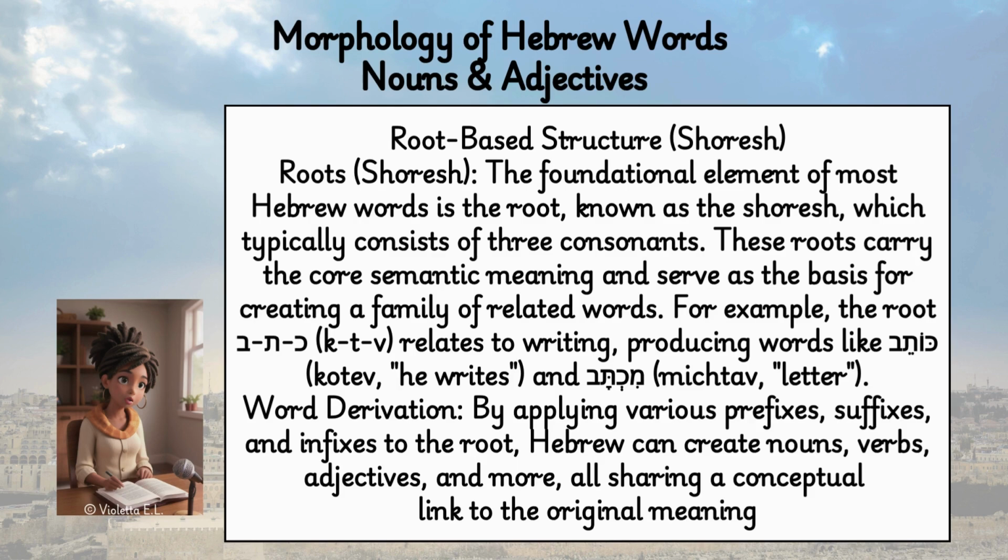For example, the root katav relates to writing, producing words like kotev, he writes, and michtav, letter. By applying various prefixes, suffixes, and infixes to the root, Hebrew can create nouns, verbs, adjectives, and more, all sharing a conceptual link to the original root.